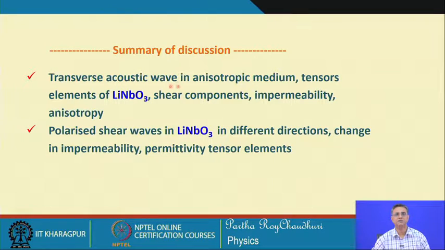So, we have discussed the transverse acoustic wave, shear waves, in 2 different configurations, and we have learned how to calculate the changes in the refractive indices once the acoustic wave is propagating in the medium for various configurations of the wave with respect to the crystalline axis system. Thank you very much.